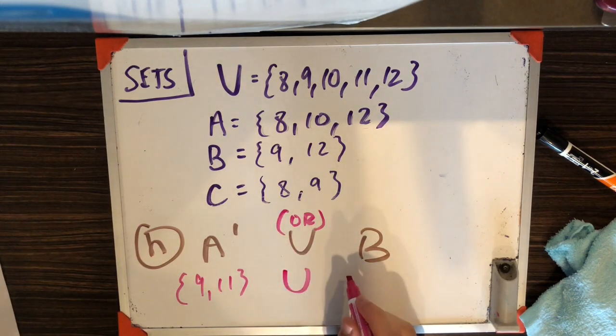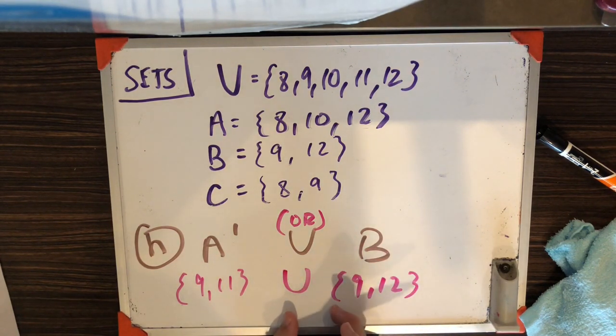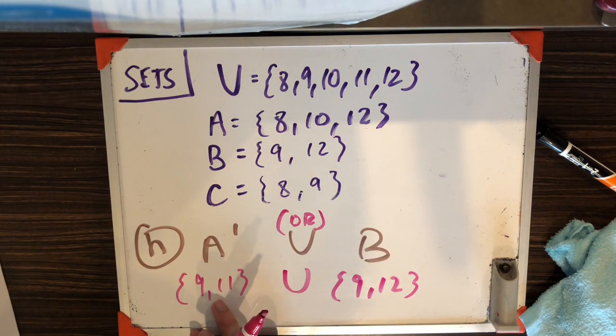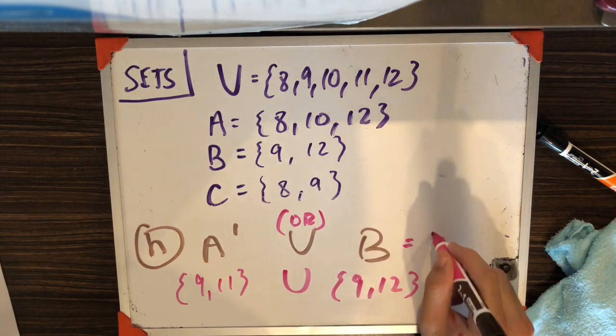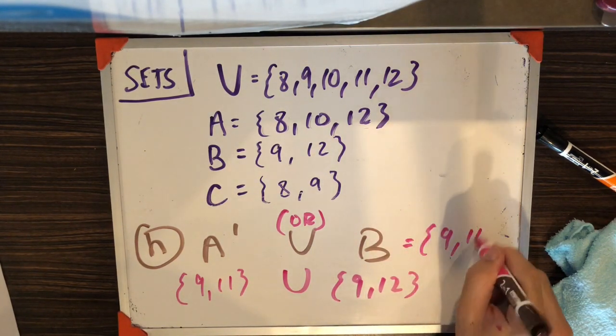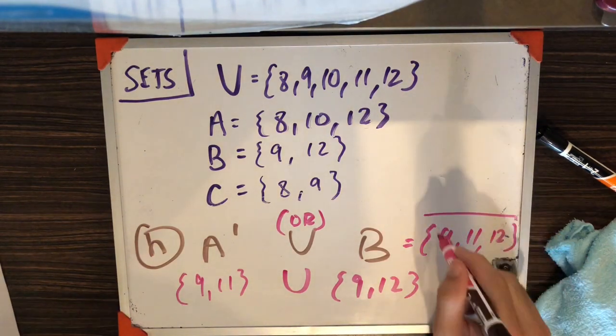Union B, we have B right here. So 9 and 12. Well, again, union of this and this, right? So 9, 11, and 12 should be what you have here. So 9, 11, and 12 is your answer.